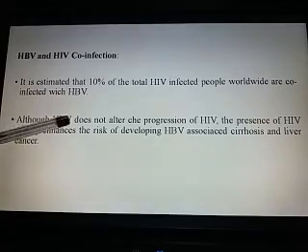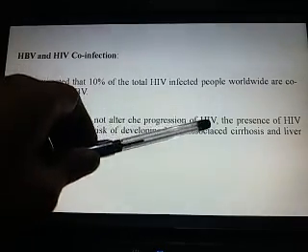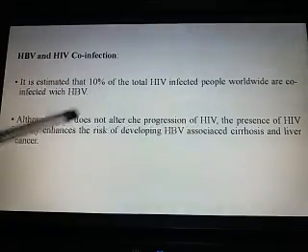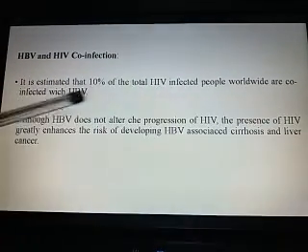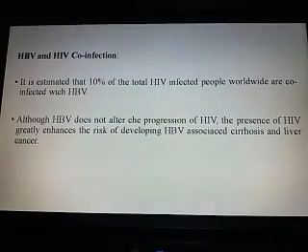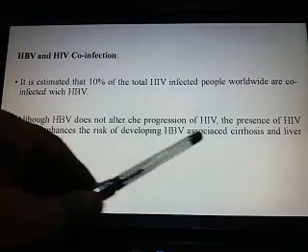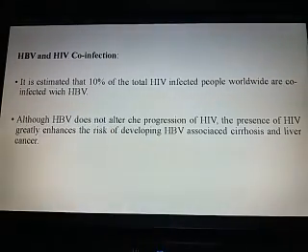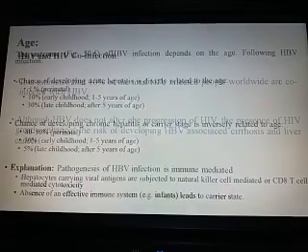Although hepatitis B virus does not alter the progression of HIV, that means there is no relation, the presence of HIV greatly enhances the risk of developing hepatitis B virus, which can then cause severe cirrhosis and liver cancer. So hepatitis B virus will be more prone in HIV positive persons.